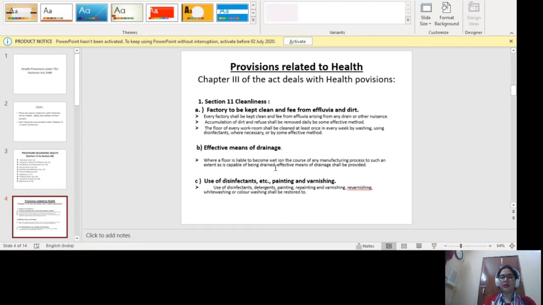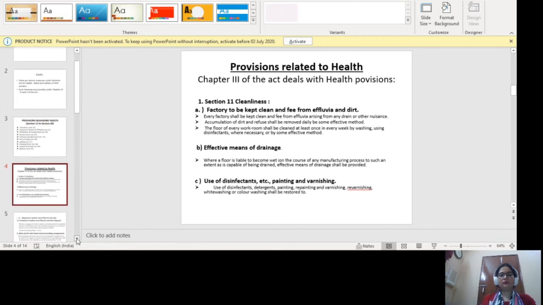So, there are three measures taken under cleanliness. First, the factory is to be clean and free from dirt and effluvia. Then there should be effective means of drainage, and there should be proper and regular use of disinfectants, painting, and varnishing as and when required.